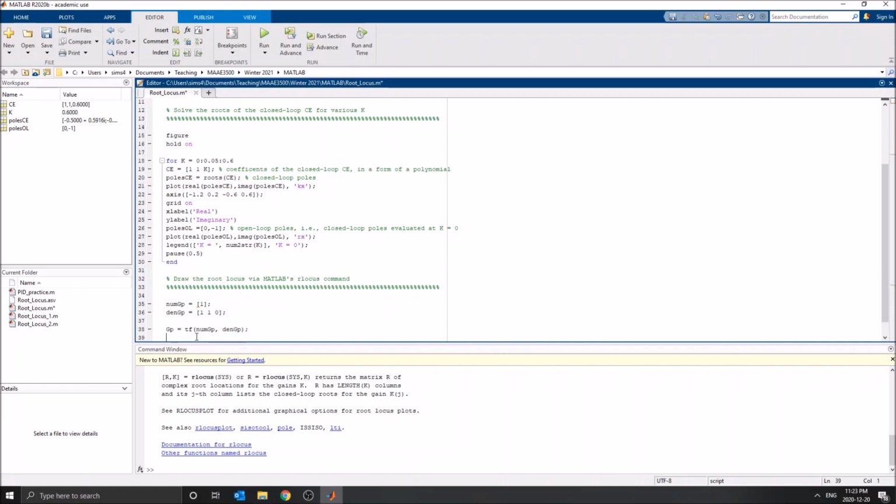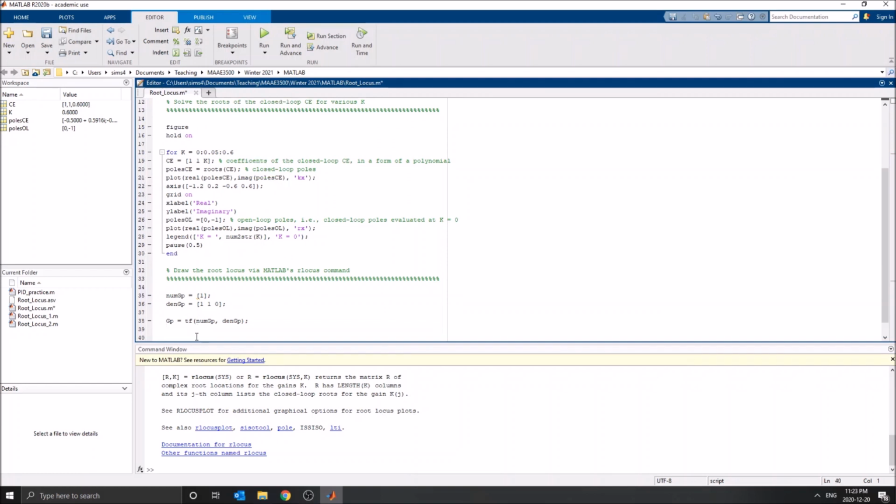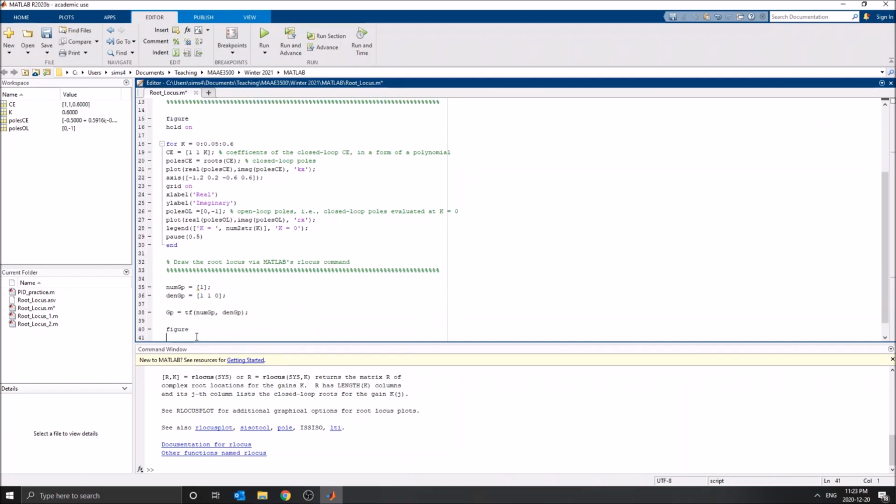And then all we have left to do is to create another figure and use the rlocus command based on our plant transfer function that we've denoted as g of p. If you go back to the MATLAB rlocus documentation, this is referred to as the sys variable.